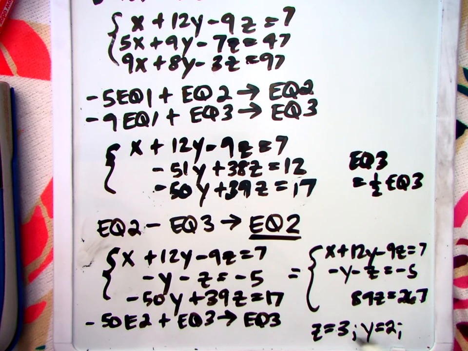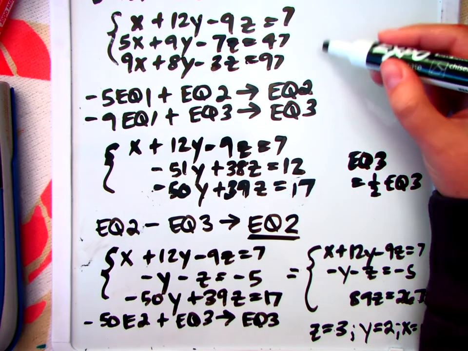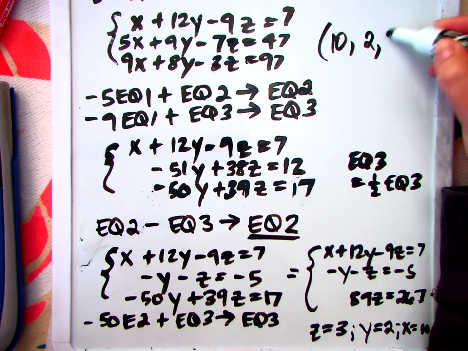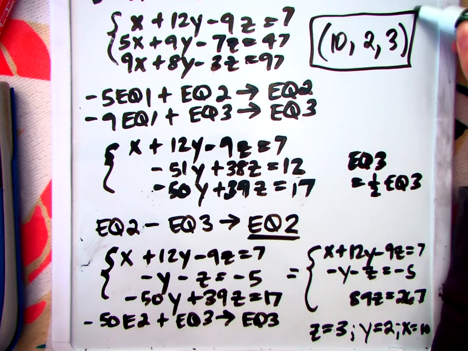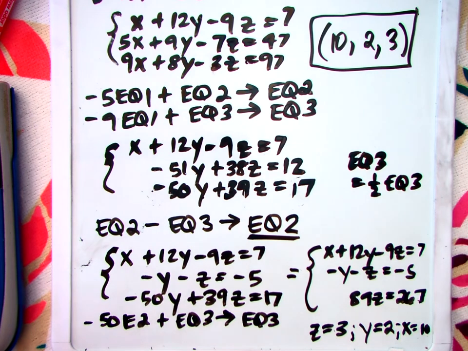And now that I have y and z, I go back up here to solve for x, and x ends up being 10. So the solution to this system is 10, 2, 3. This is my ordered triple. So x is 10, y is 2, and z is 3.